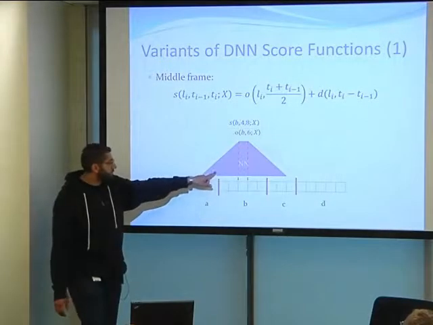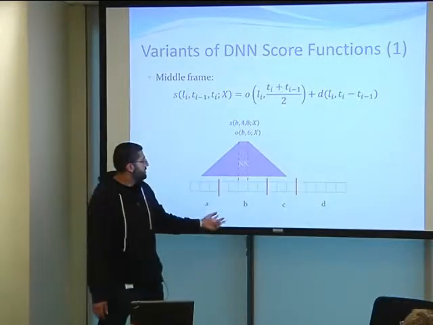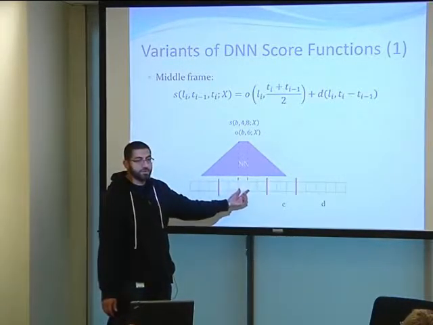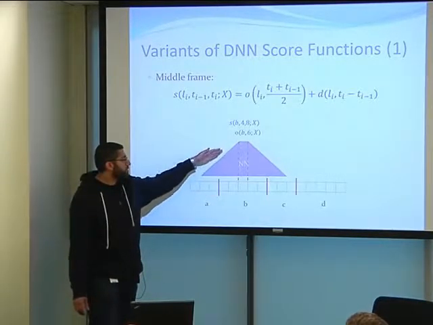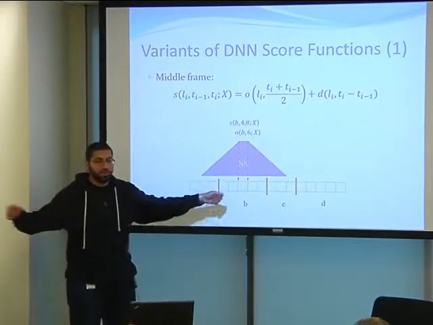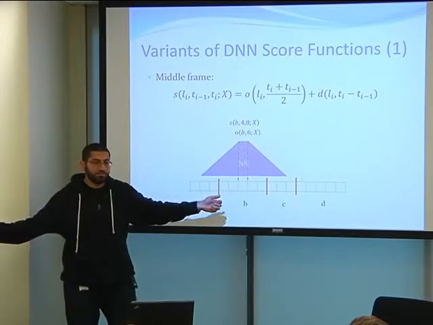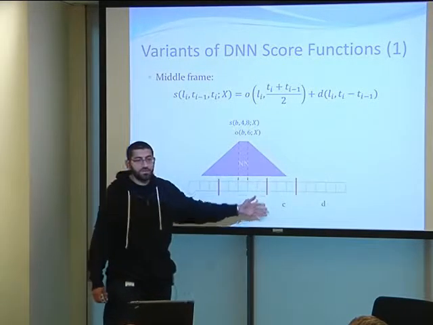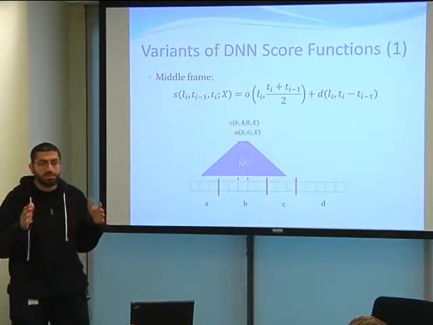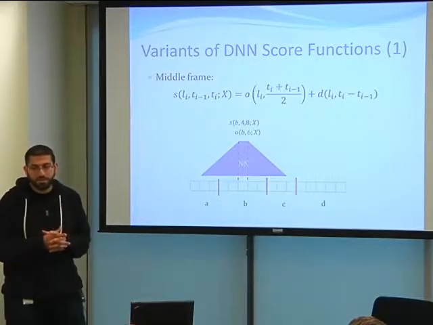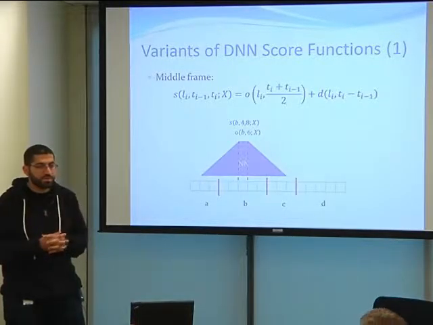If I have these segment boundaries, I consider the score in the middle frame as the score for the whole segment. Depending on the neural network, it sees a long window, for example 15 frames, so it can decide whether this label is suitable for this segment or not.